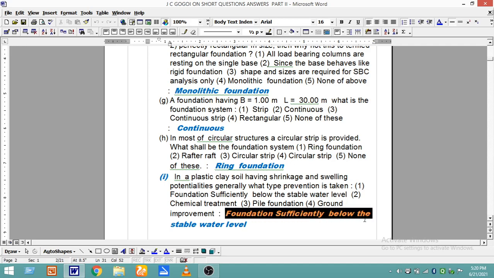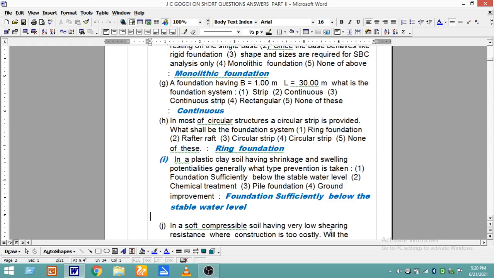the stable water level. Or in case of hilly streets, if the water table is sufficiently below, say about 50 meters below, in such cases we cannot go up to that extent, but we must consider one thing: due to evaporation or due to absorption of heat from sunlight or whatever other reason, the soil moisture produces variation up to a maximum of 1.5 meter.